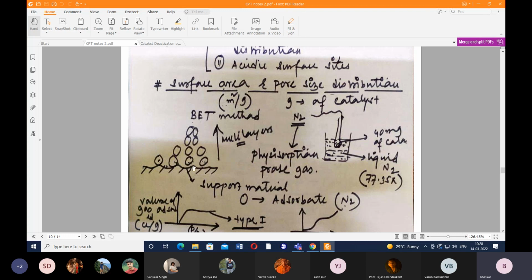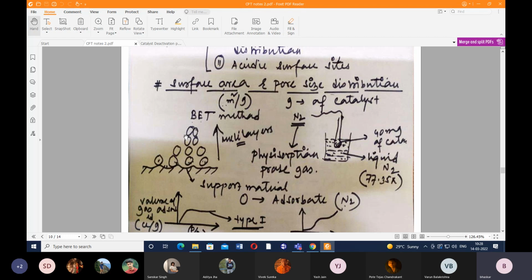Here multi-layer adsorption is taking place in BET, and side by side there will be no interaction between two adjacent molecules. That means this molecule won't interact with this molecule. Again, this molecule has no interaction with this one, and the same is applicable for these two molecules as well. This is also valid for all other layers. So we have two major assumptions for the BET method.